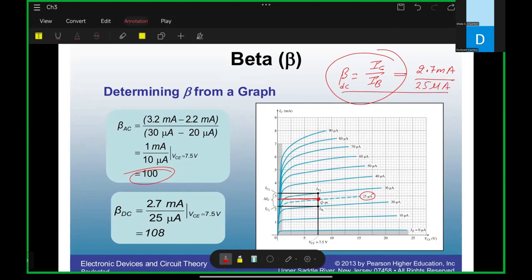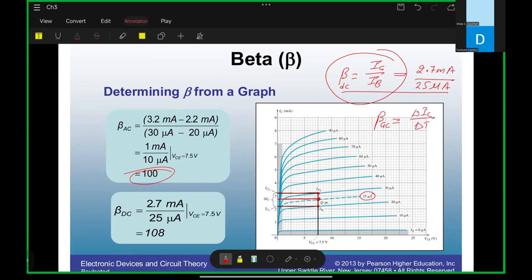If you are calculating beta AC, you need two values of IB and IC. So let us take the first value of IC here and the second value of IC here. That is 3.2, another value is 2.2, right? Beta AC is what we defined as delta IC over delta IB, right?